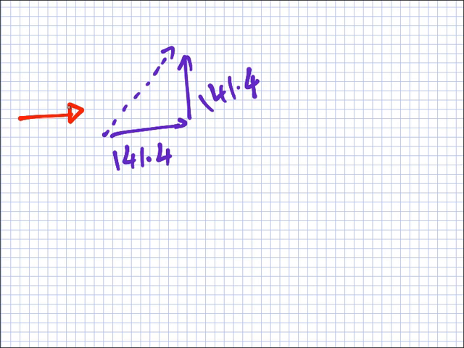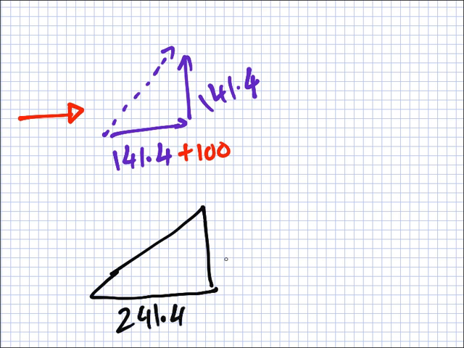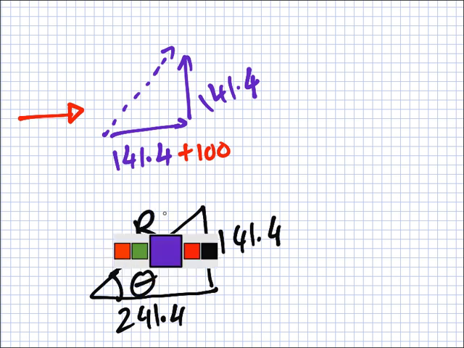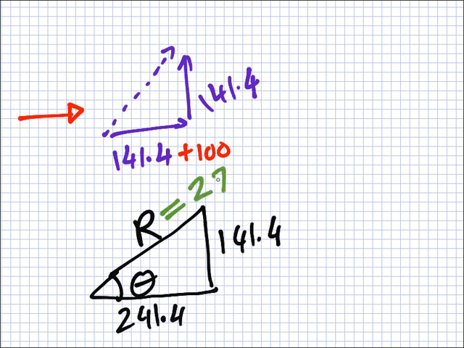So all that happens is that this part gets an extra 100. So now the triangle looks like this. 241.4 and 141.4. So if we use Pythagoras, what do we get for the magnitude? 279.8.